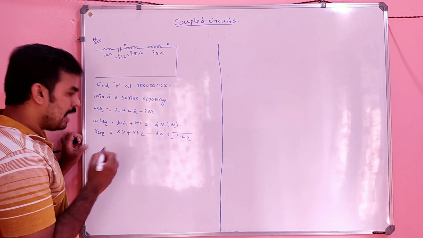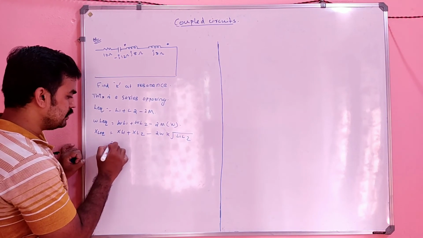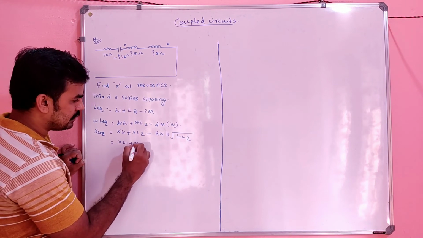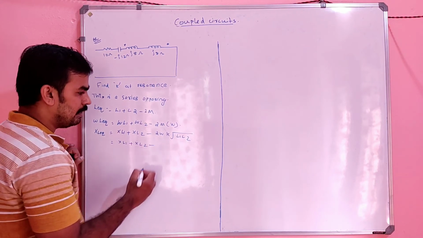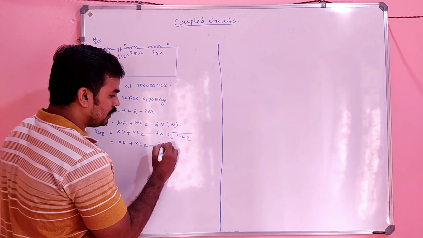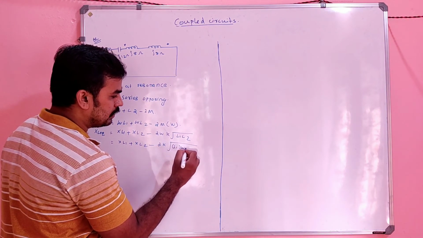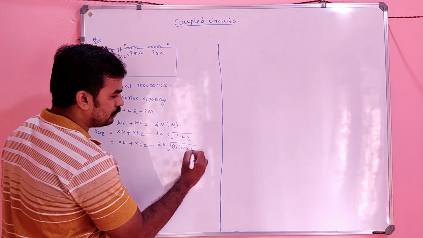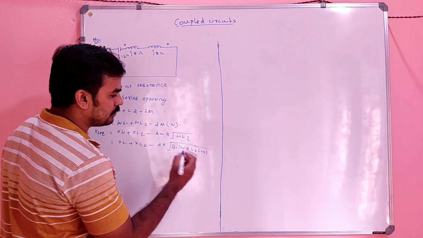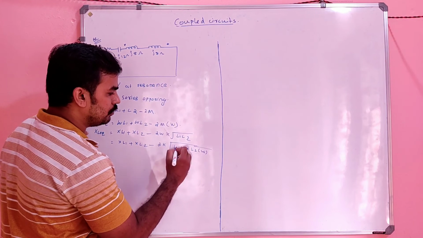No. And again I am going to rearrange the equation: XL1 plus XL2 minus 2K into L1 into omega into L2 into omega. Can I do this?